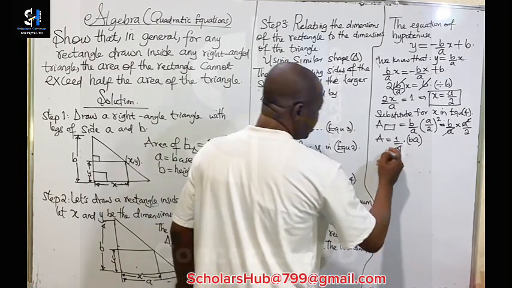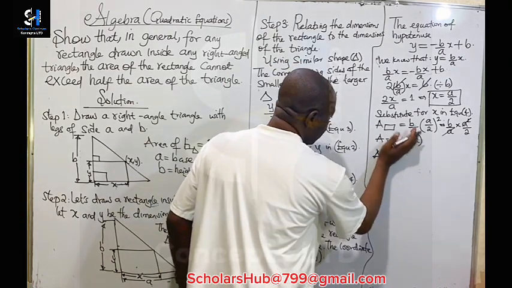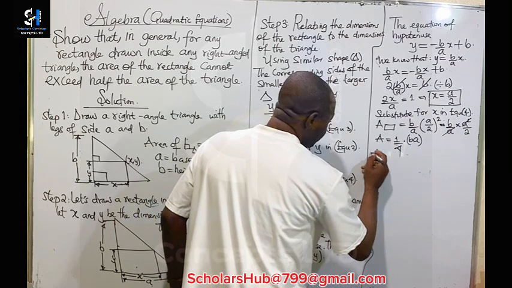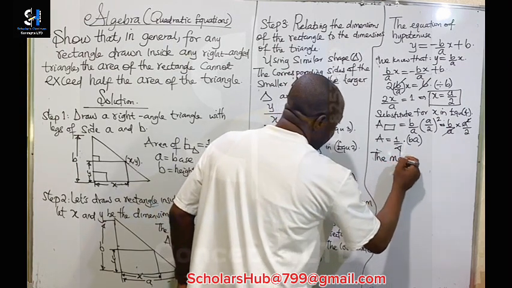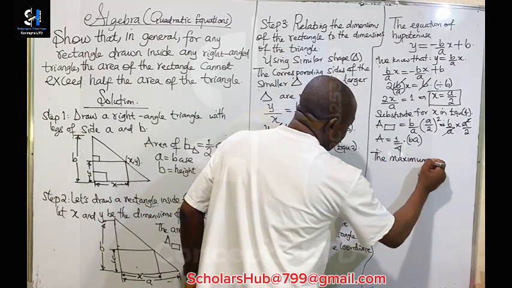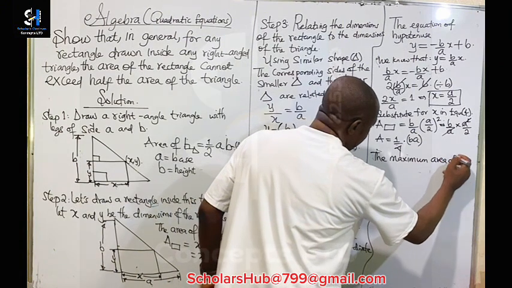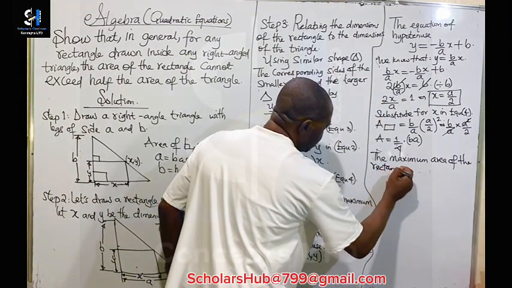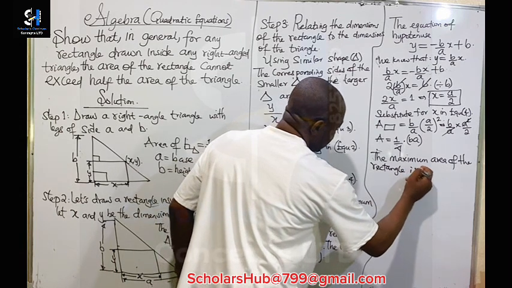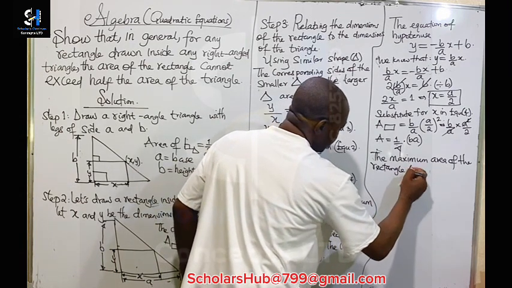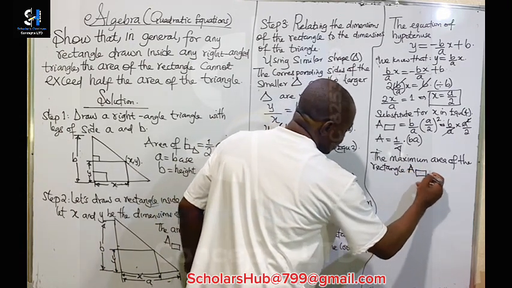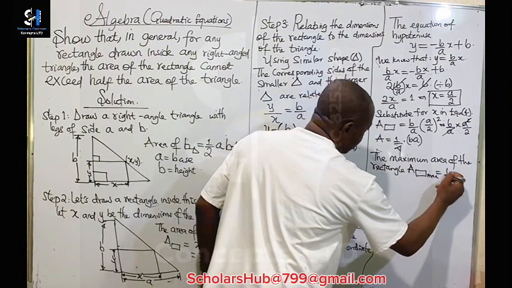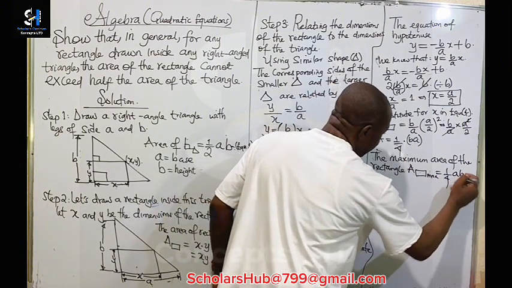Which means the maximum area of the rectangle will be 1/4 AB.